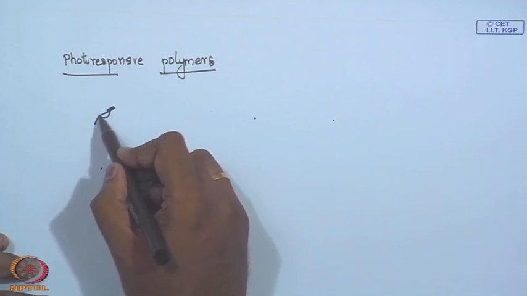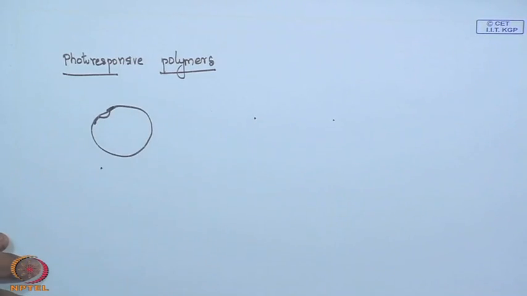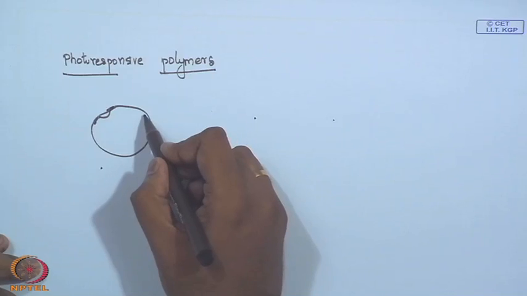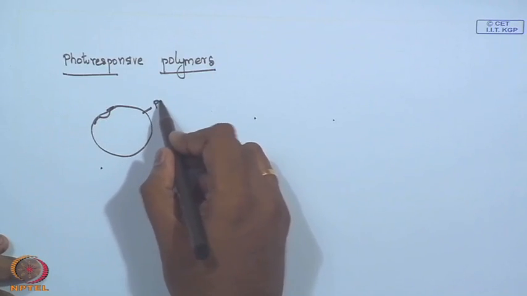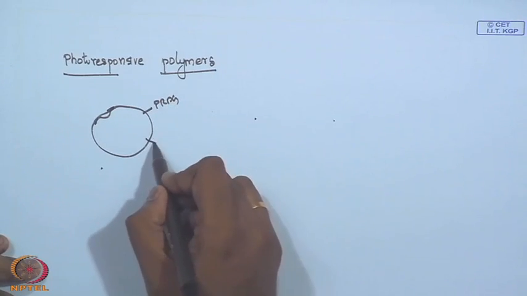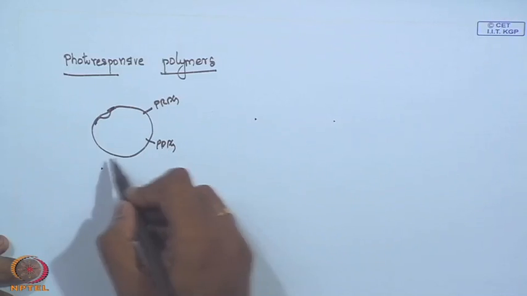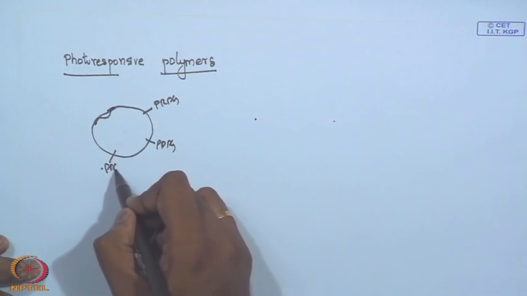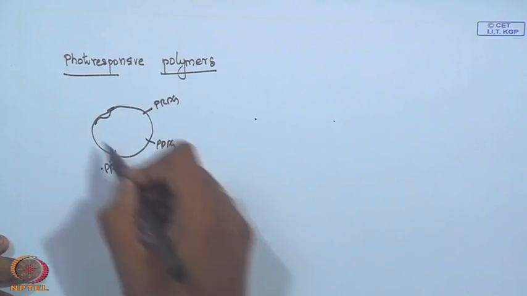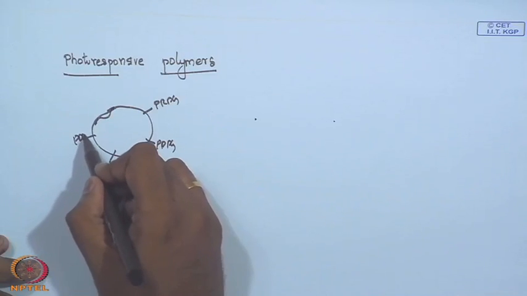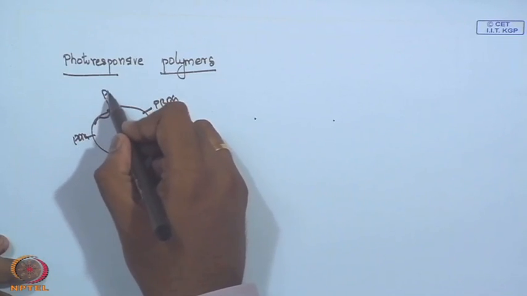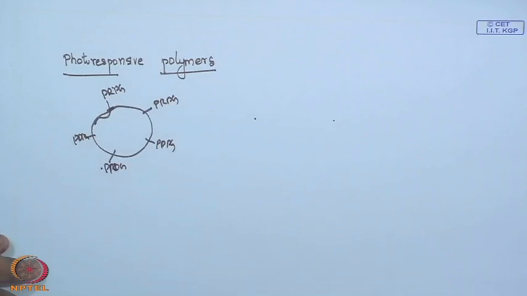Basically, they construct a polymer which has a photoremovable protecting group built inside.